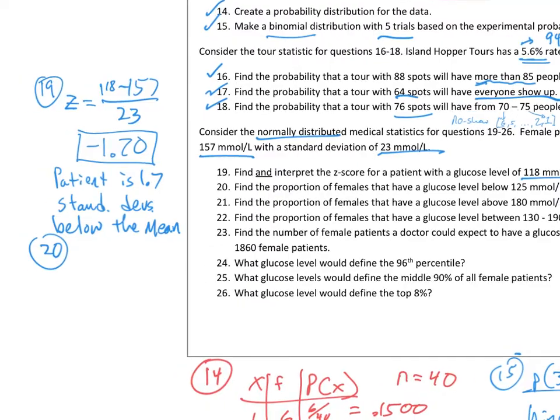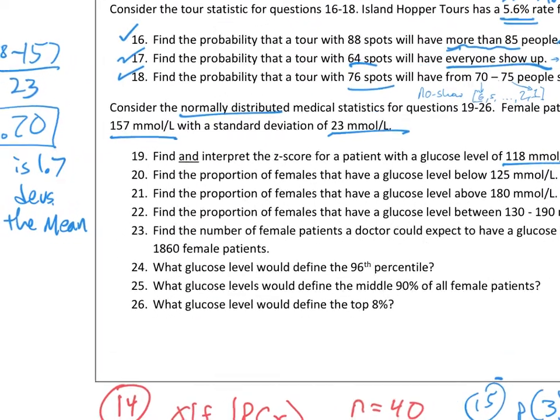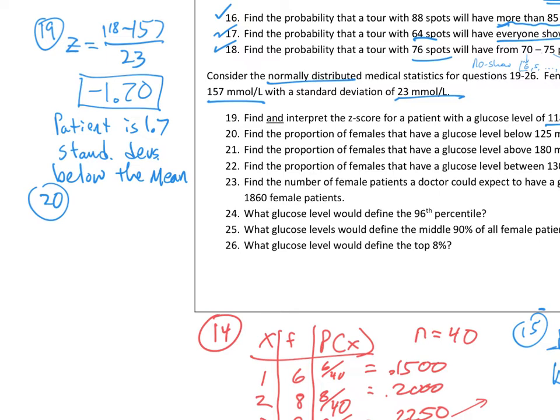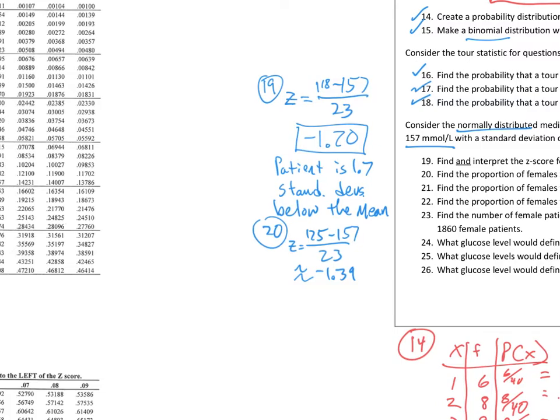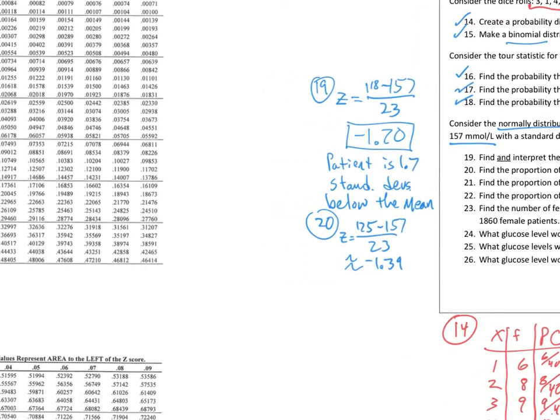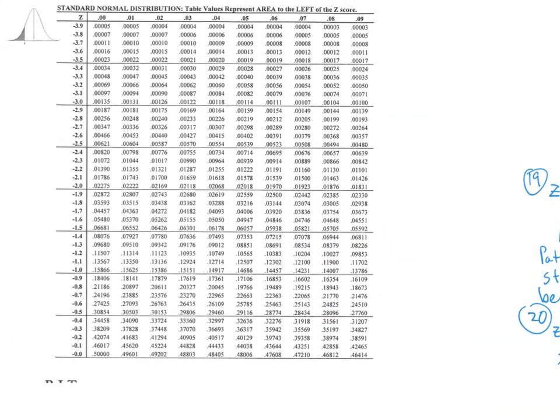Find the proportion of females that have a glucose level of 125 or below. Okay, so we got to find the z-score. So the z-score for 125 minus the mean 157 divided by 23 gives us negative 1.39. So what we got to do is go to our chart. I'll show you two ways. We'll do the chart way and we'll do it the calculator way. So negative 1.39.